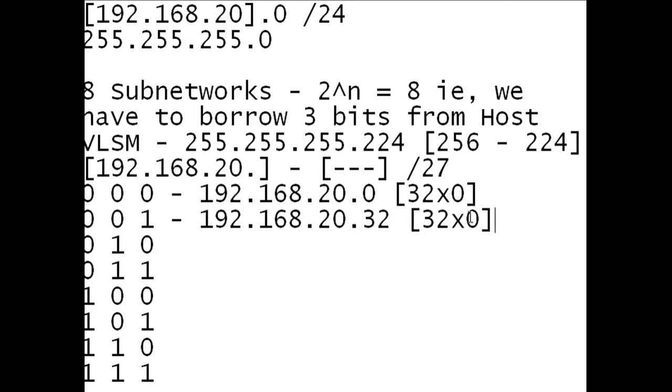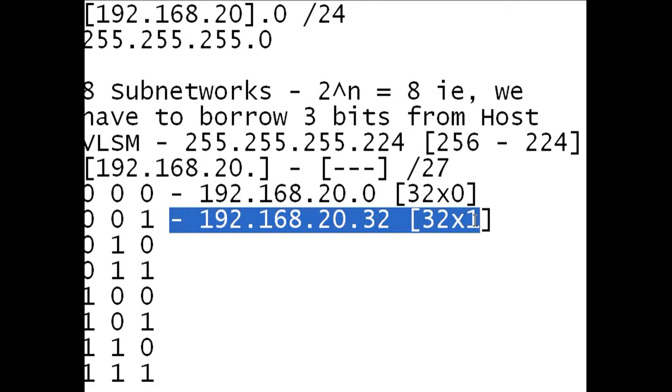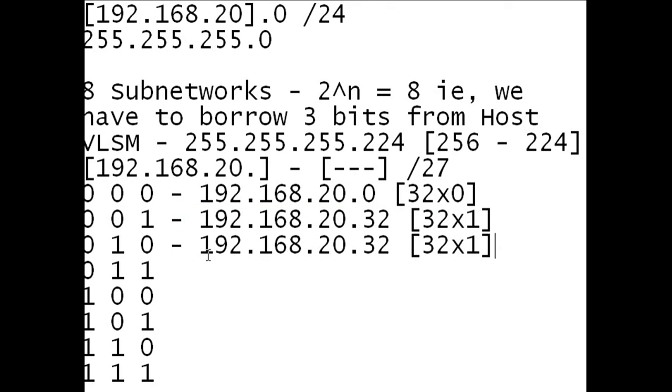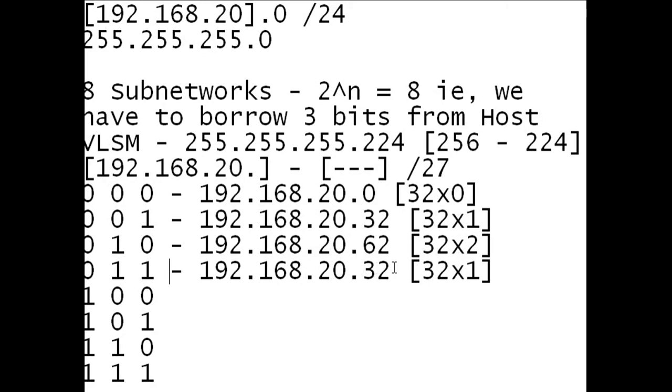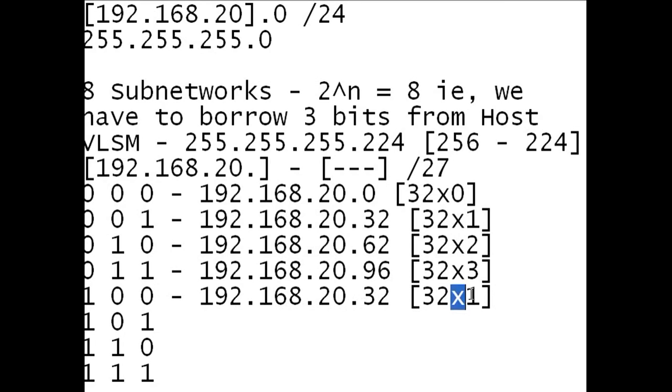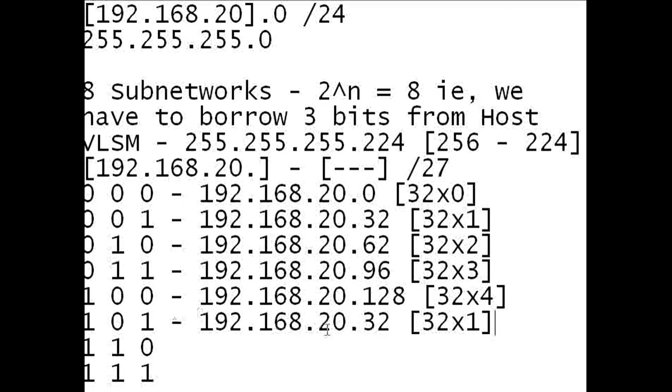32 into 2, so this will be 64, then 32 into 3, 32 into 4 equal to 128, then 32 into 5, it is 160, then 32 into 6, 192.